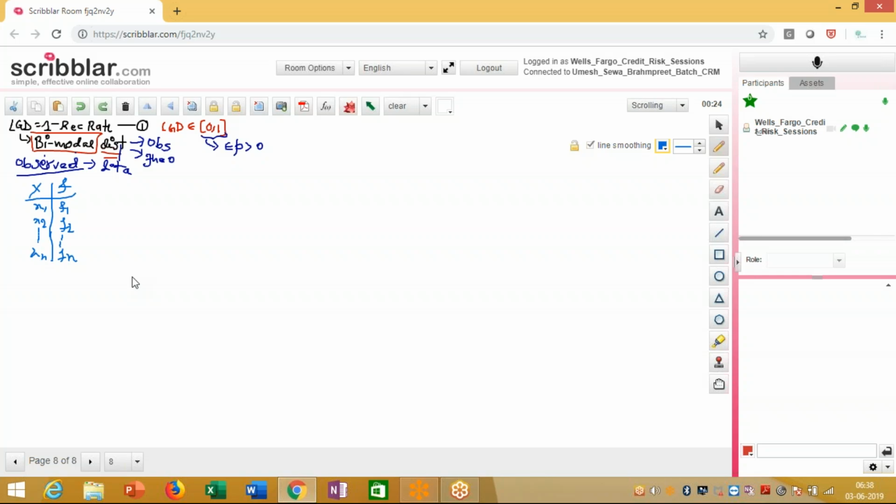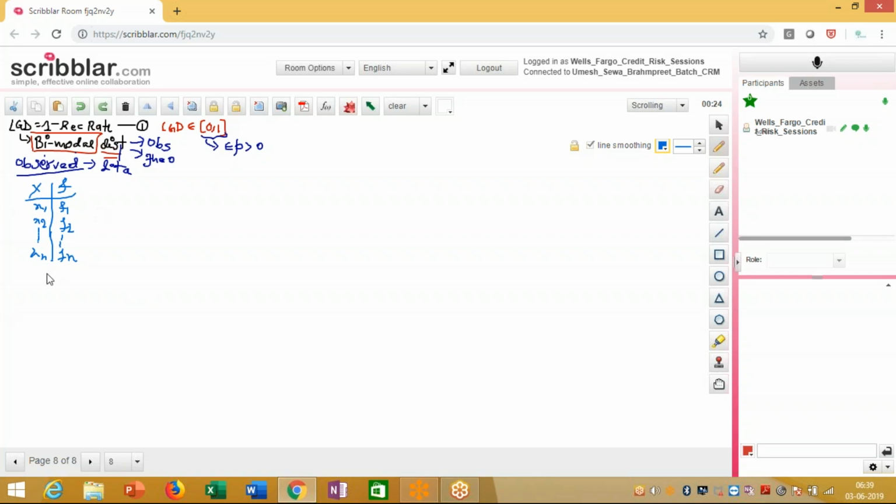The outcome x1 has the corresponding frequency f1, x2 has frequency f2, xn has frequency fn. So this is a very simple case of an observed distribution, where you have the frequencies and the respective outcomes.